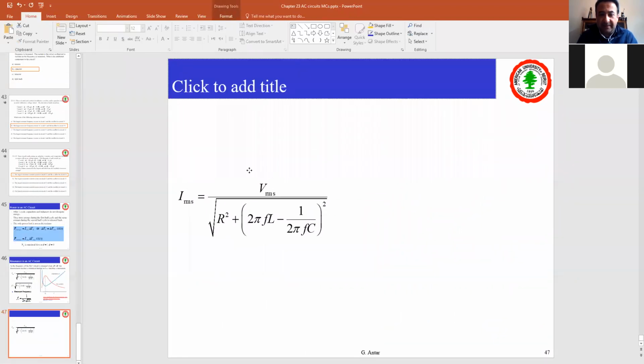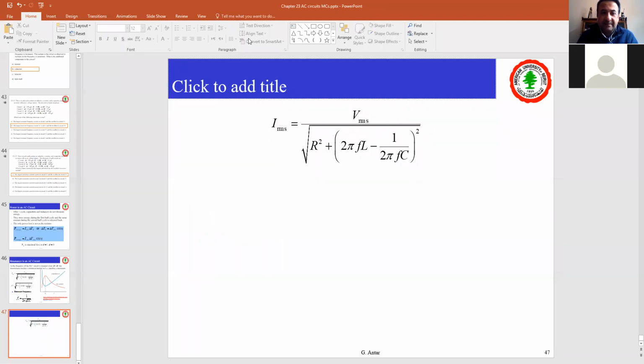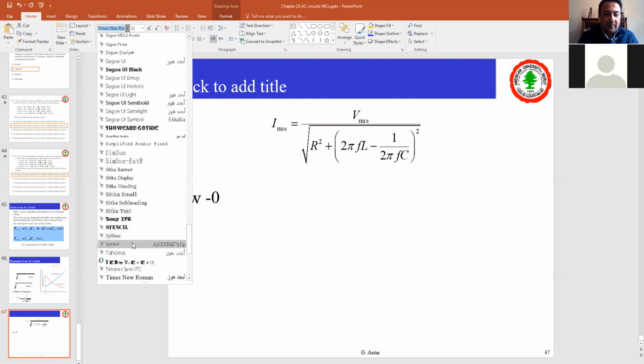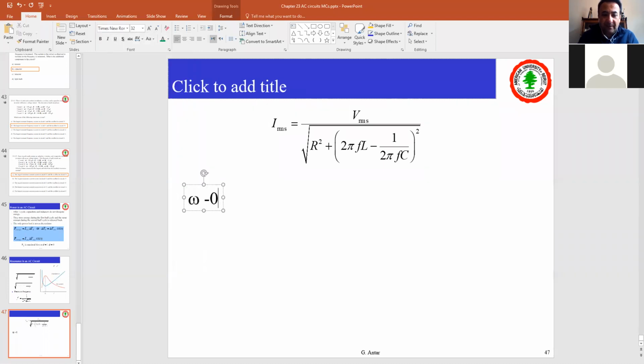Okay, so we are studying here. What we said is that omega tends to 0 as a first case. Let's try to see what happens when omega tends to 0. Okay, when omega tends to 0, we have XL tends to 0, right?